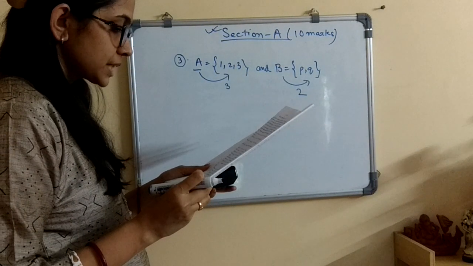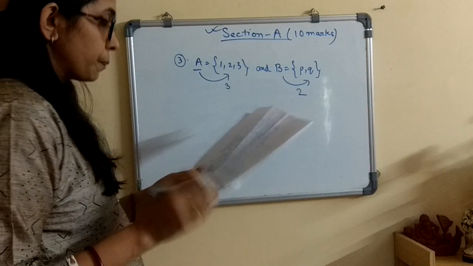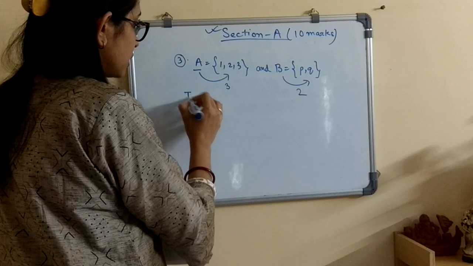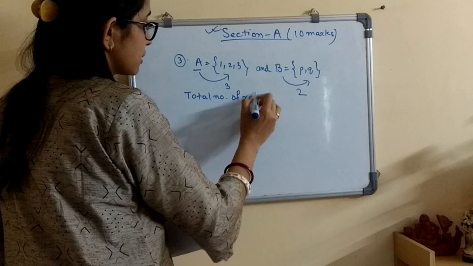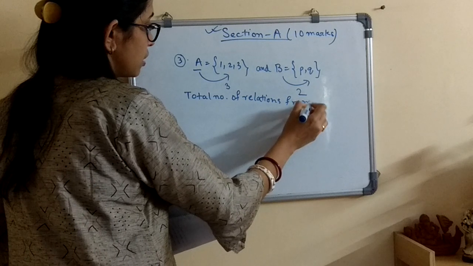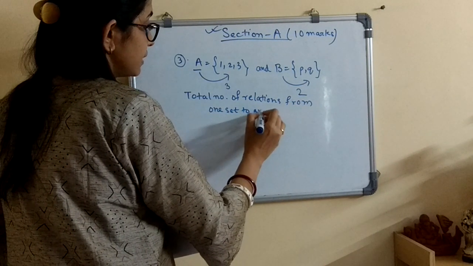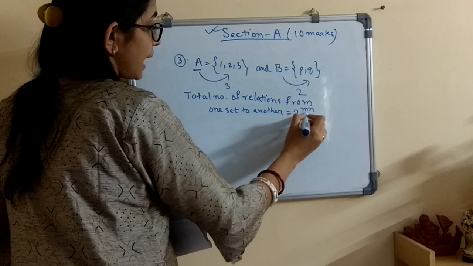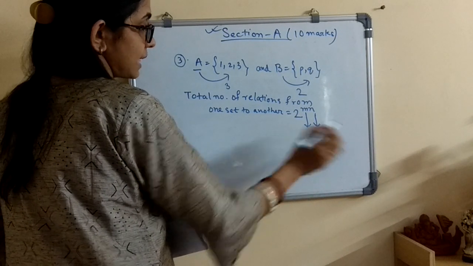The question is the total number of relations from A to B. We know the general formula is that the total number of relations from one set to another is always equal to 2 to the power mn, where m is the number of elements in the first set and n is the number of elements in the second set.